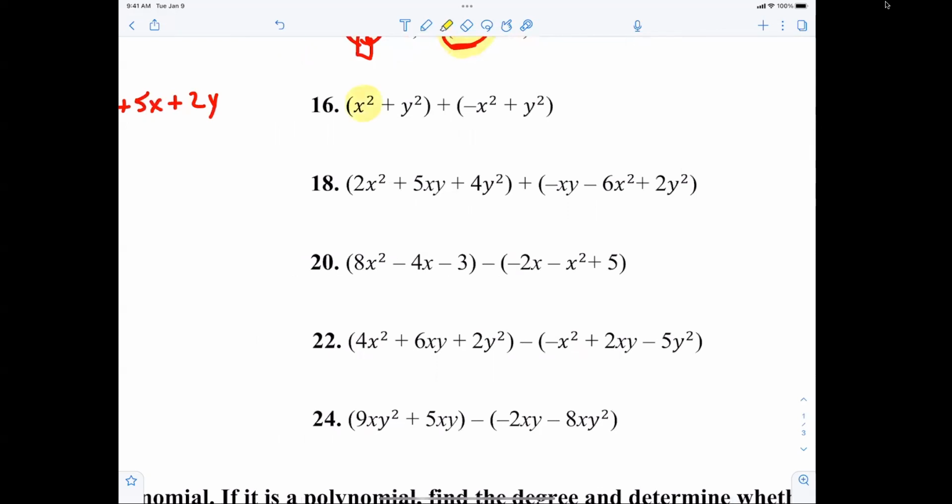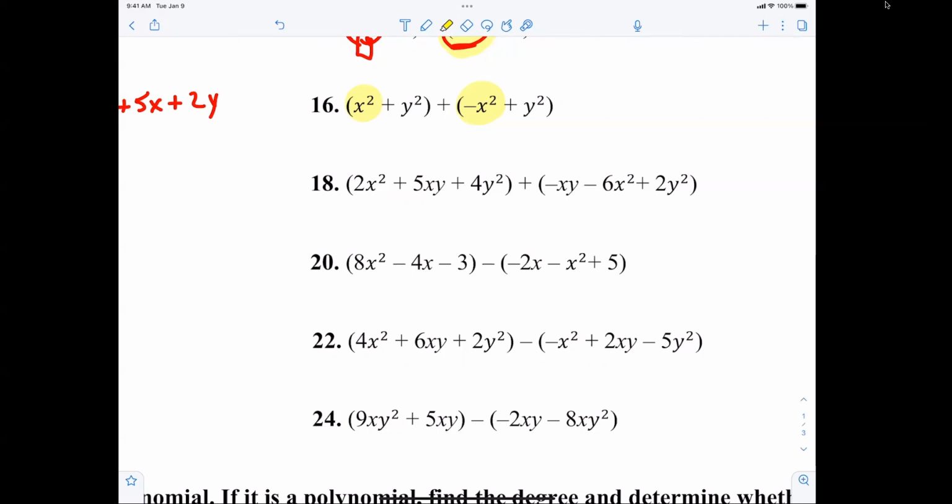So now let me ask you a question. How many x squareds is the first one? What number's in front? 1. What number's in front? Negative what? Now you with me, right? So you have 1x squared minus x squared. What do they do to each other?